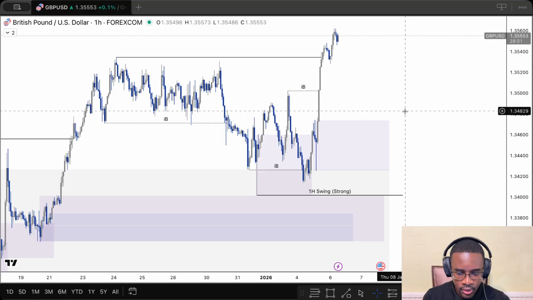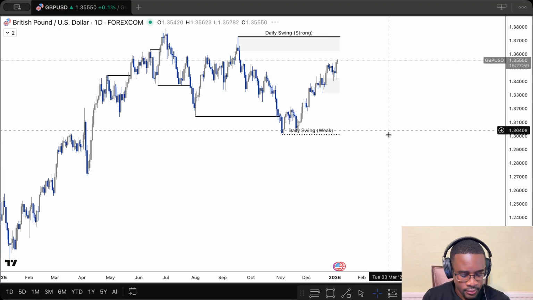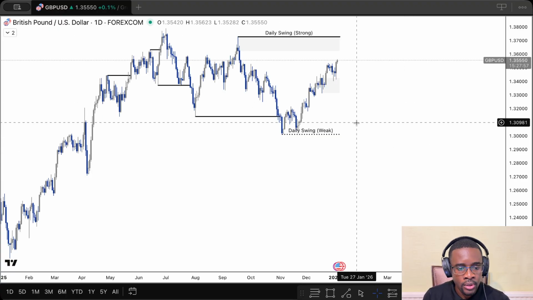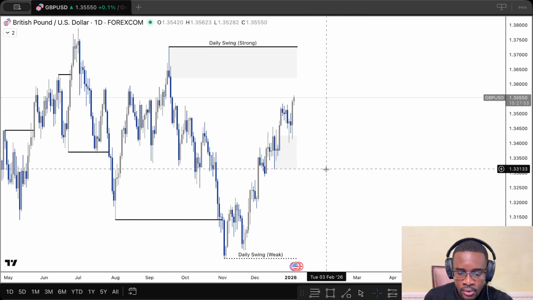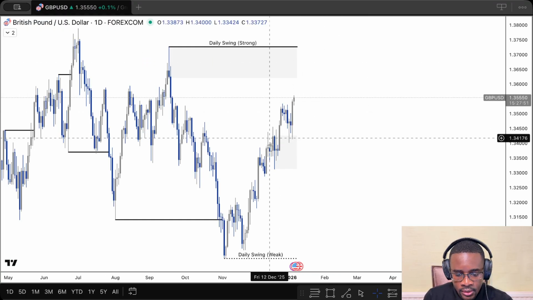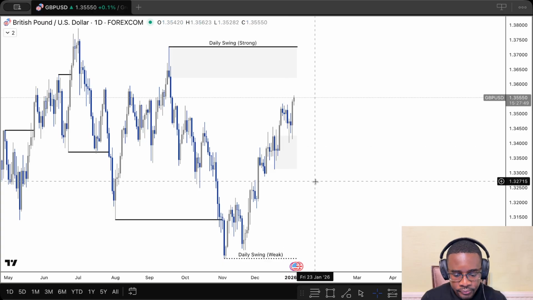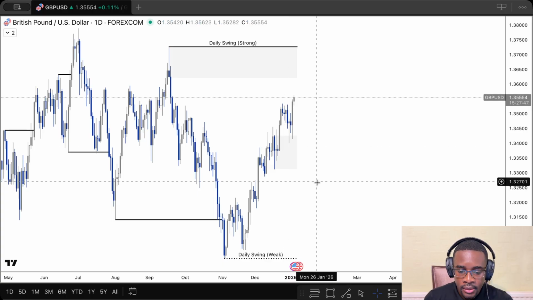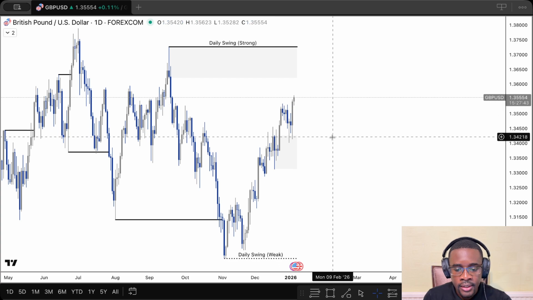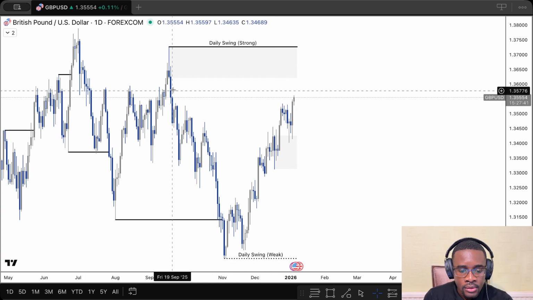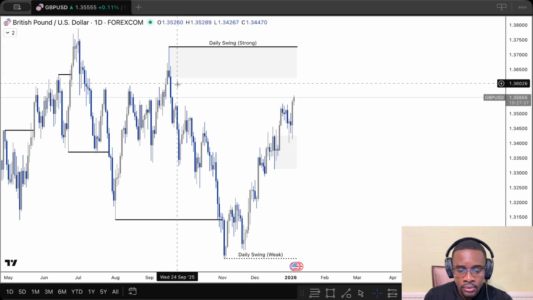So let's look at today's analysis. All right, so I'm going to start with the pound. So we've already mitigated the 1 hour, the daily demand range, and we've had a reaction. We've broken structure on the daily, and there's a void on the left.